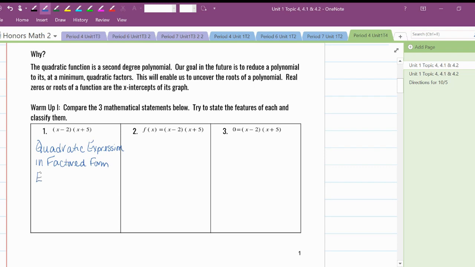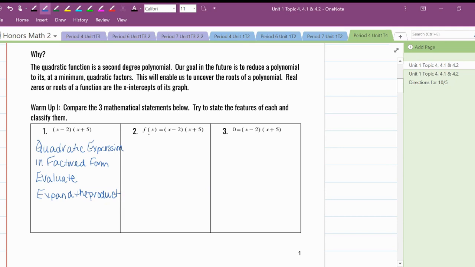What we would do with this is we would evaluate, or we could expand the product. And by expanding, we would end up with our standard form, a quadratic expression in standard form.